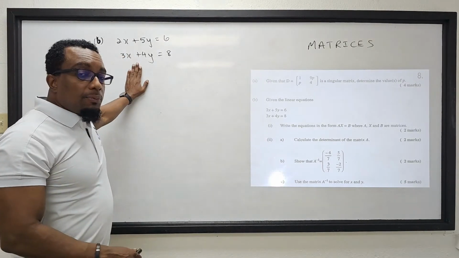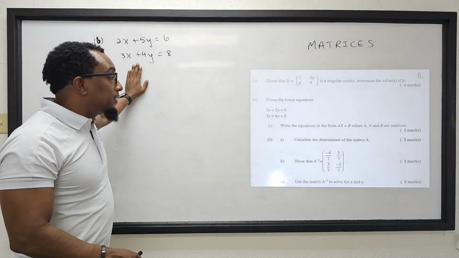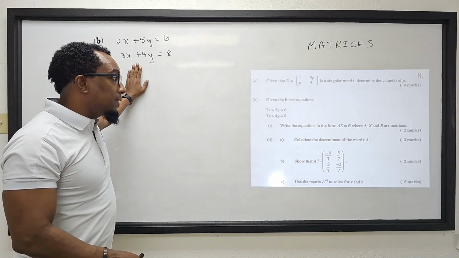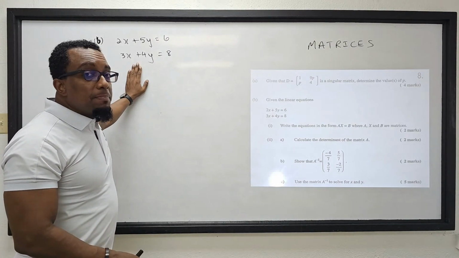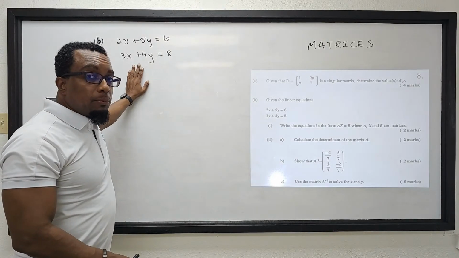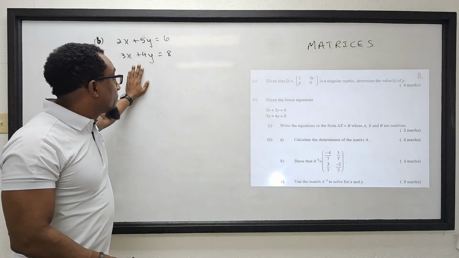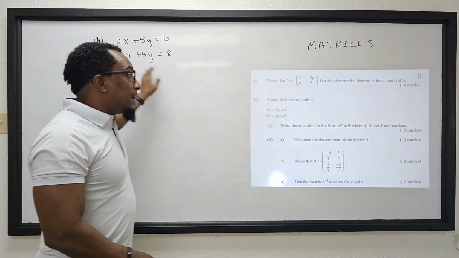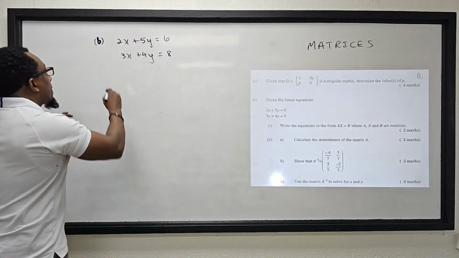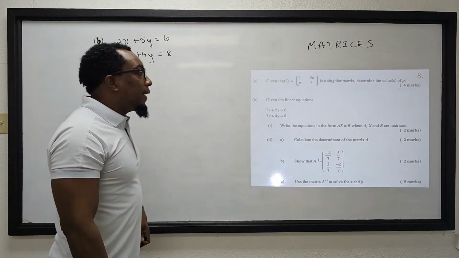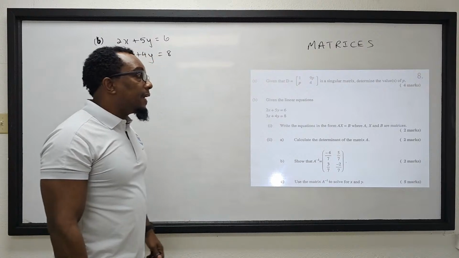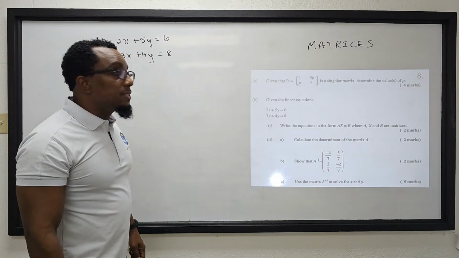So what we have here is a pair of linear equations which we have to solve simultaneously, but using a matrix method. The matrix method approach, not elimination or substitution, right? The matrix method. So when they ask us in part 1, let's look at part 1. Write the equations in the form AX equal to B, where A, X and B are matrices. Simple.